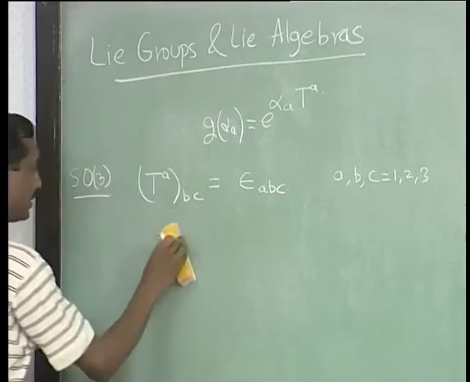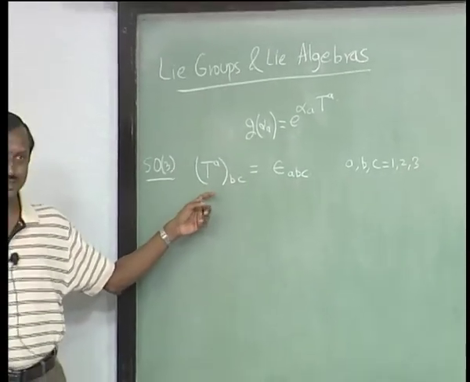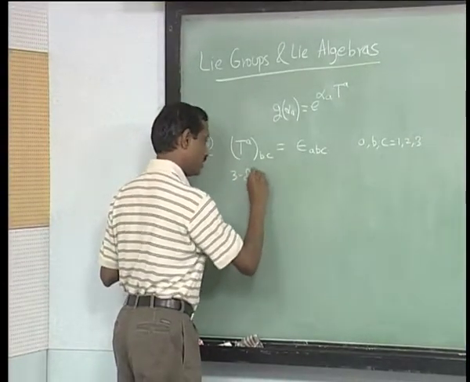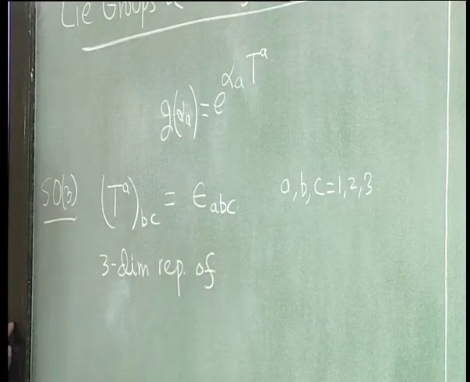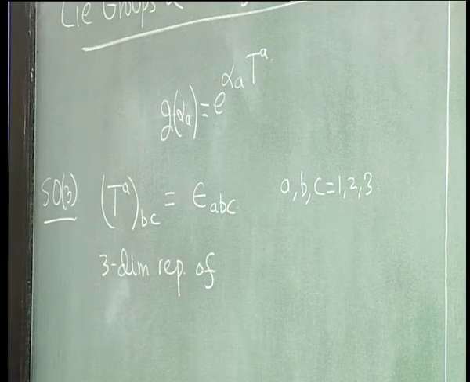Again, like I pointed out, this is in some representation. So this is a 3 by 3 matrix, in the 3 dimensional representation of SO(3). And one more bit on notation: when you write the Lie algebras you use lowercase letters and uppercase for the groups.